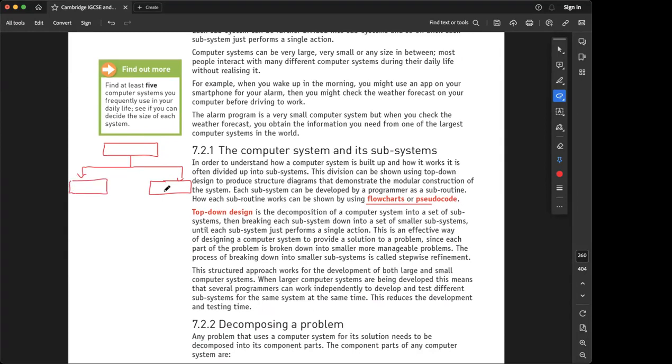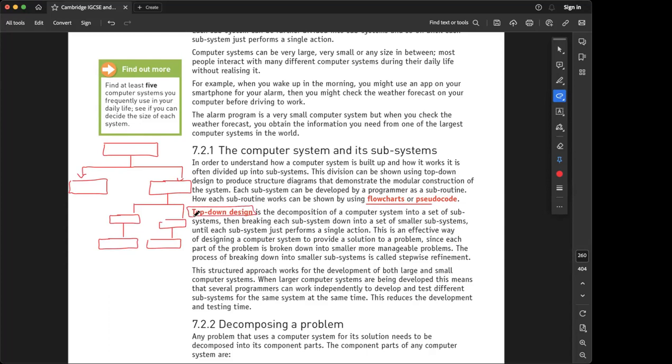So this is for subsystems. Further, you are going to divide your subsystem into further subsystems. The same thing I taught you in decomposition, and the same thing I'm teaching you here as subsystems. Can you tell me another name for this? The other name is top-down design.